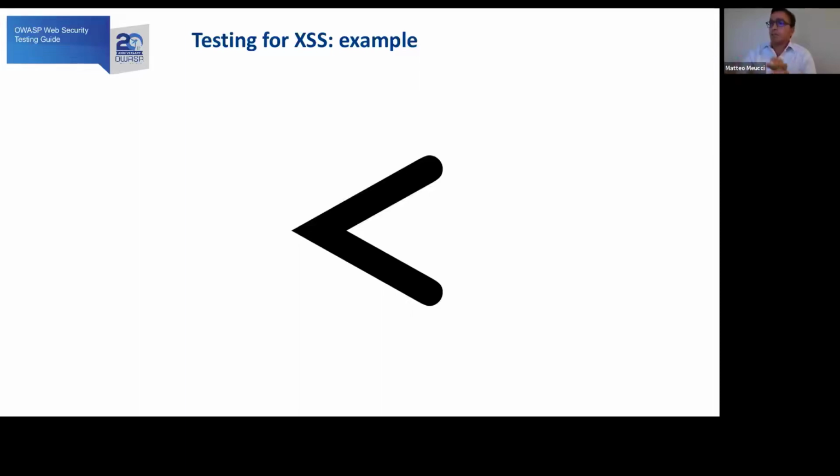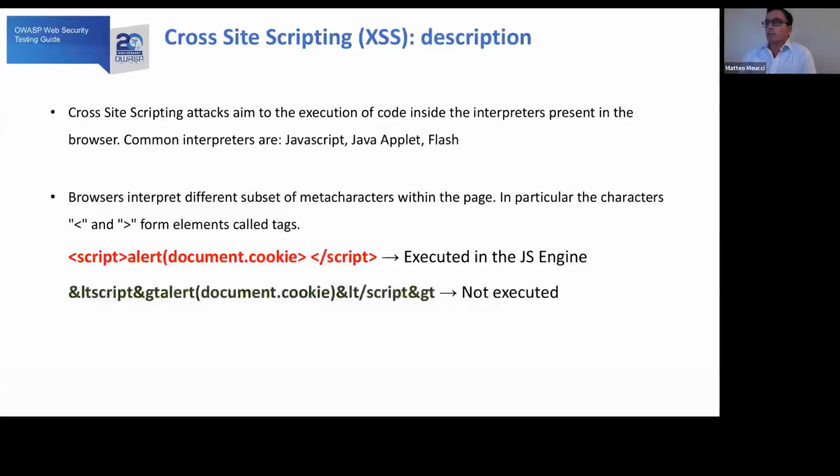So it is really important from a development point of view to adopt a good strategy to manage this kind of character. And on the right, you can see that the right choice is to encode this kind of metacharacter. Why is it important to encode this character?